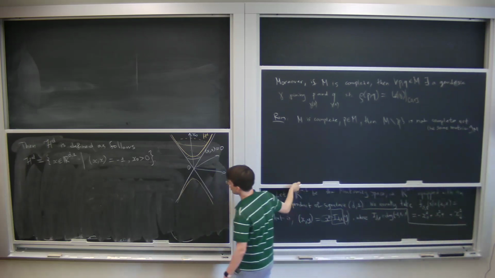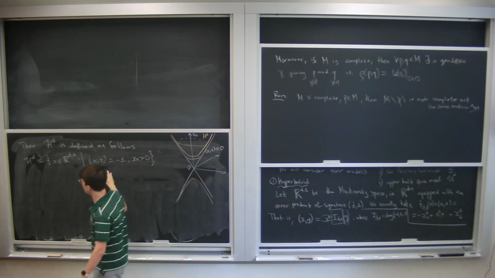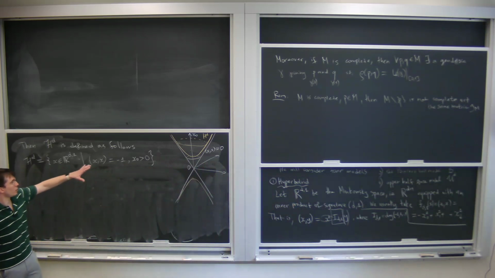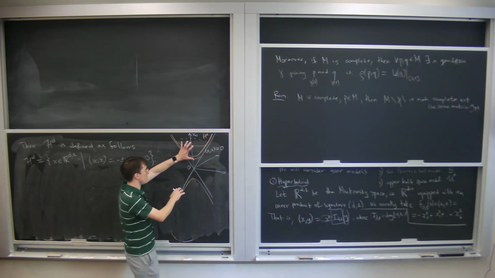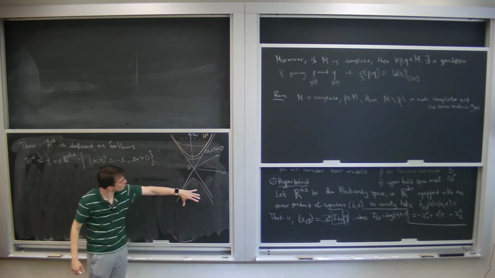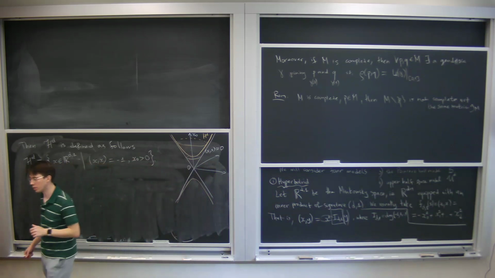Okay. So here we defined the hyperboloid. I took the upper component, so it's a two component manifold, right?